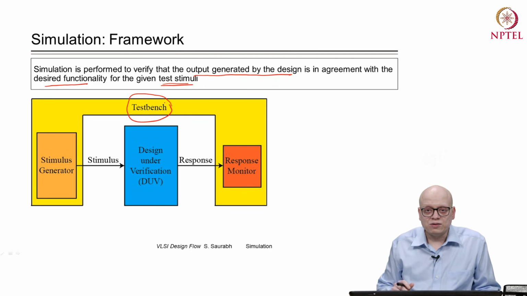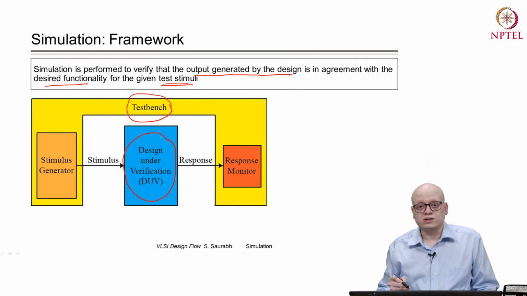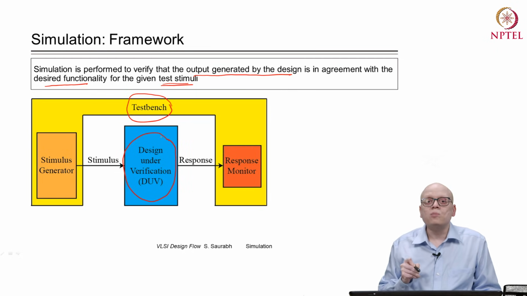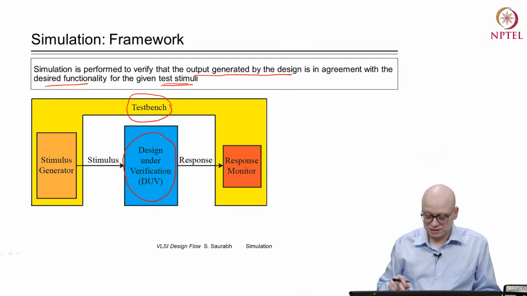One of the ways we have shown in this figure. This block is basically the design under verification or DUV. This is the model of our hardware, and this is the model we want to verify. Now, to verify this, what does the test bench do?